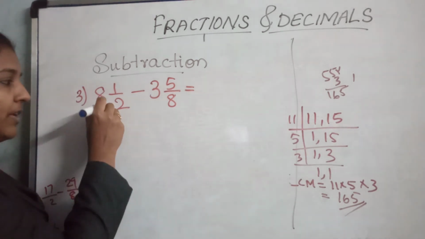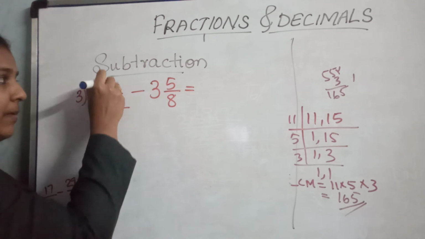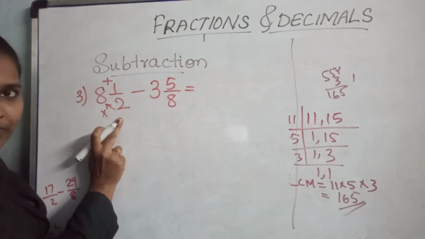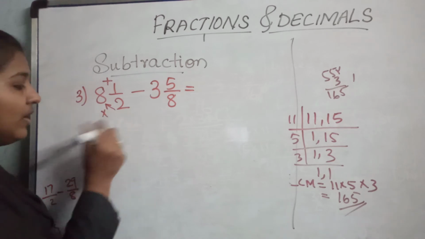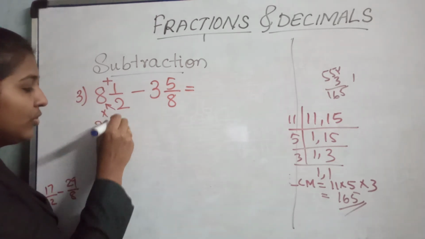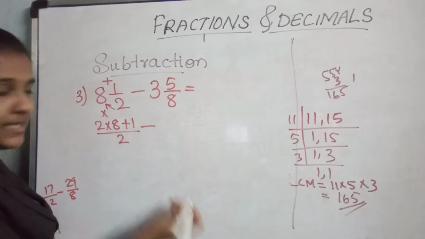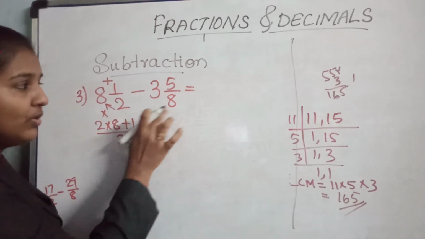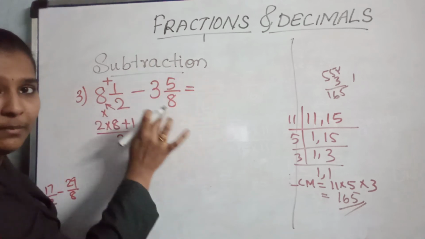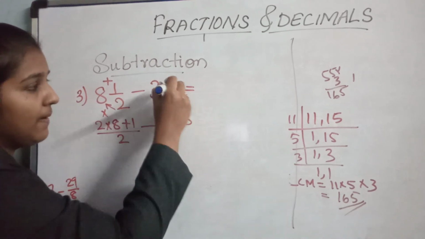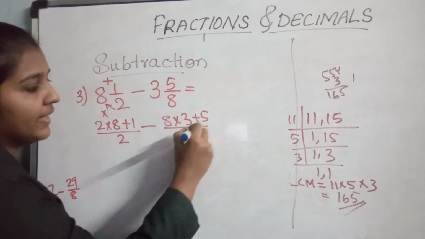We know denominator into whole number plus numerator, the whole divided by denominator is the conversion, isn't it? So we can write 2 into 8 plus 1 by 2 minus, this part is over. Now you convert the second mixed fraction to an improper fraction, that is 8 into 3 plus 5 by 8.